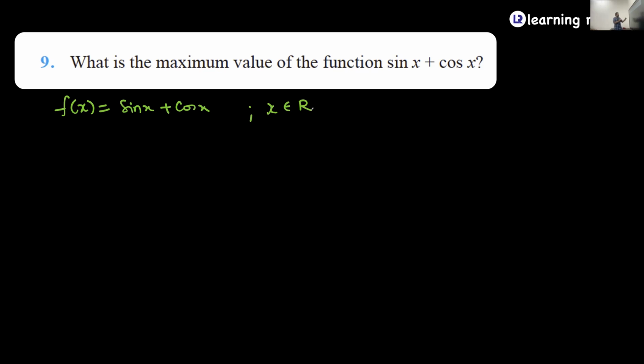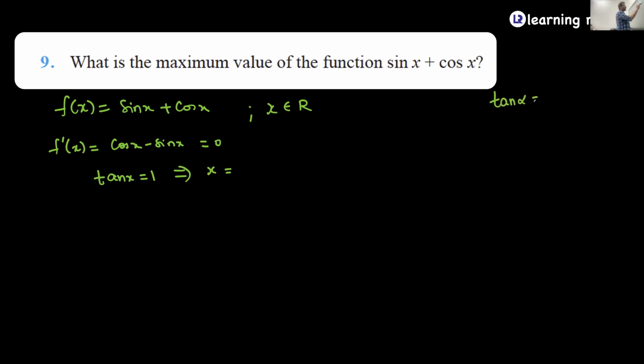So f dash of x is going to be equal to cos x minus sin x, and you equate it to 0 for maximum or minimum. On solving this, we get tan x equal to 1, which implies x is equal to, listen to this carefully.